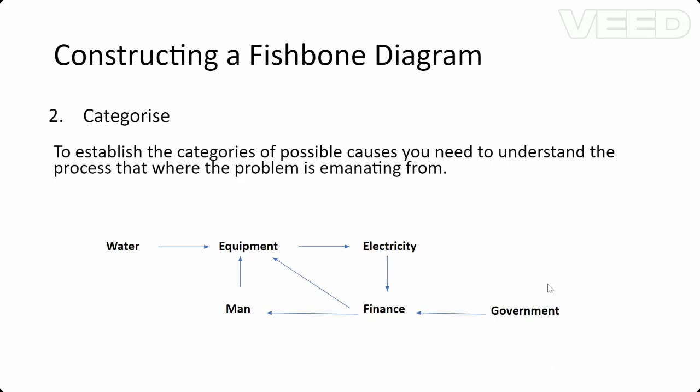Also, there can be other finances. Like in our case in Zambia, the utility company is not a private company, so it can also be funded by the government. But in our example, we are going to ignore the government here. Maybe it may even be from the private sector, but we'll just maintain the finance as a factor.